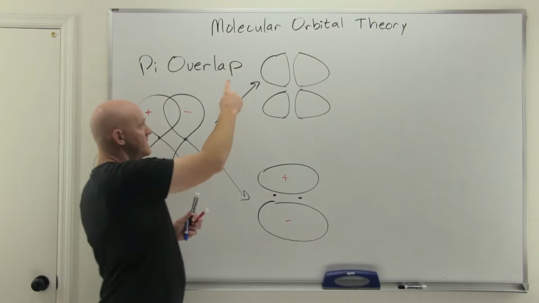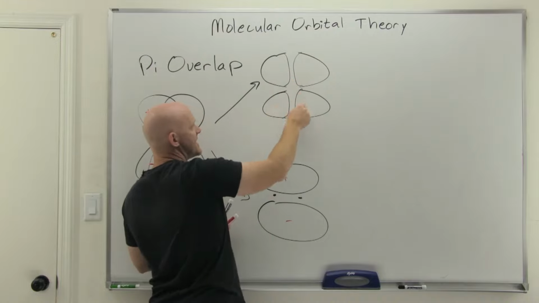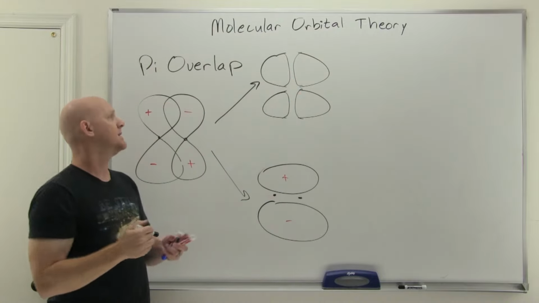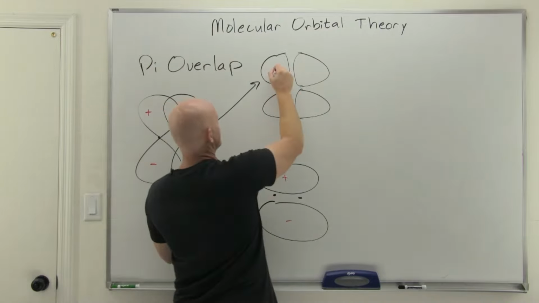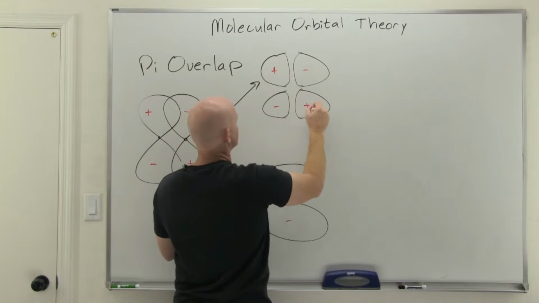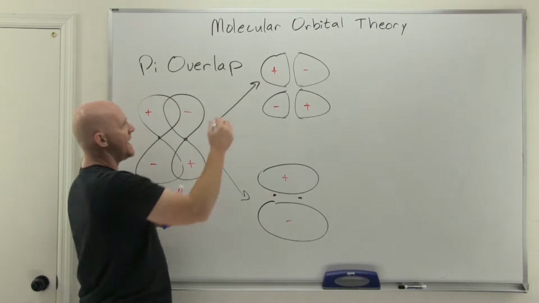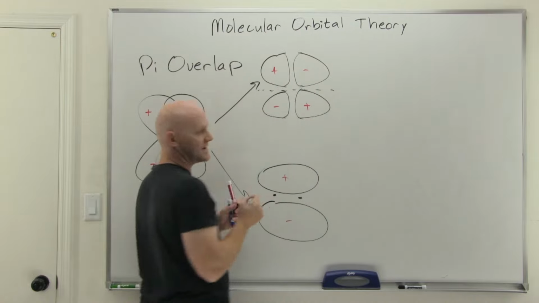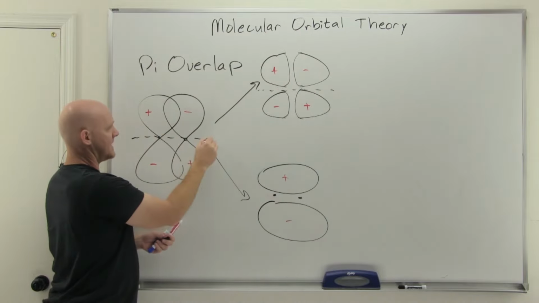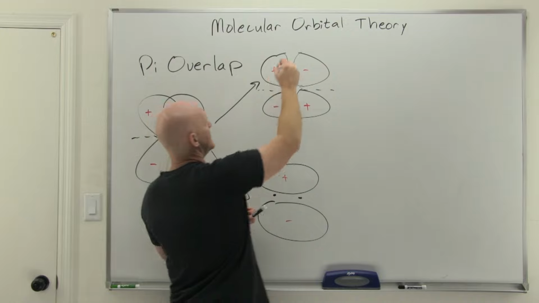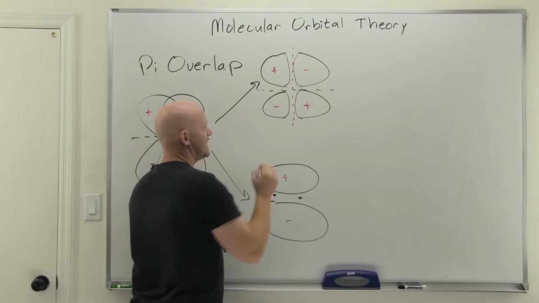And so that is one big molecular orbital. It's got 4 different areas of electron density, but it is one molecular orbital. And again, plus, minus, minus, plus. We already had a node right here to begin with. That was there from the get-go. But now we've created a new vertical node as well.